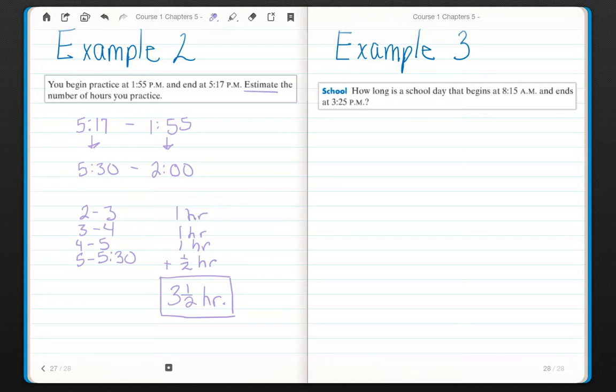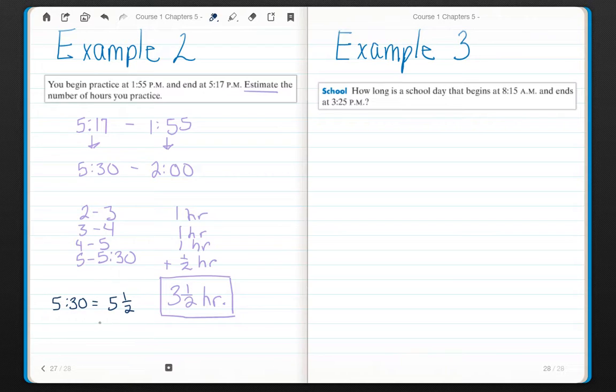Now, if you choose to do the subtraction, that gets a little trickier. So you have 5 hours and 30 minutes, which is the same as 5 and a half hours. 5:30 is 5 and a half.